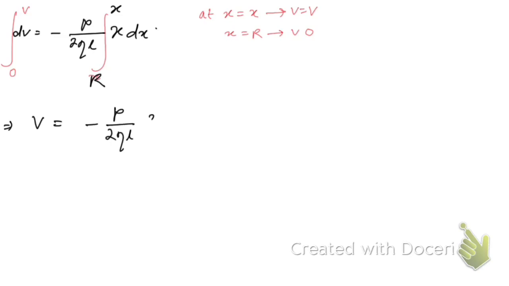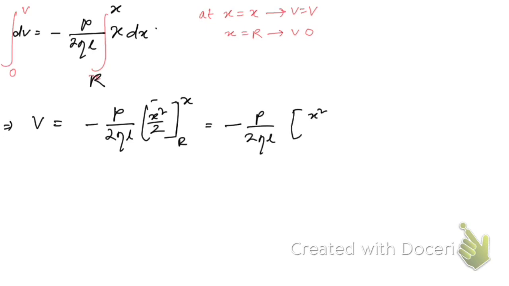Integration of x dx is x square by 2, and here you see the lower limit is r and the upper limit is x. Okay, so now let us put the upper and lower limit. Then we're going to have v equal to p by 2 eta l times x square by 2 minus r square by 2.